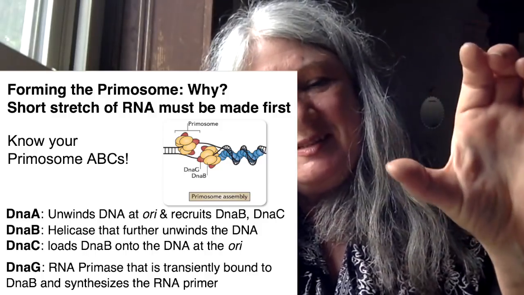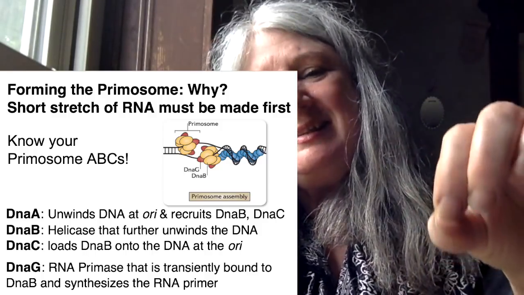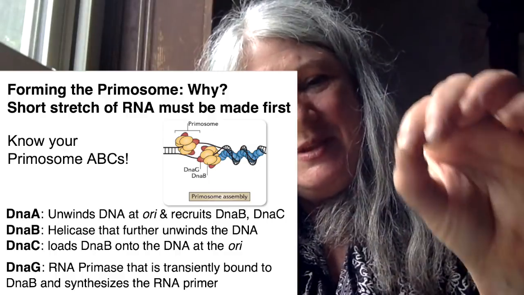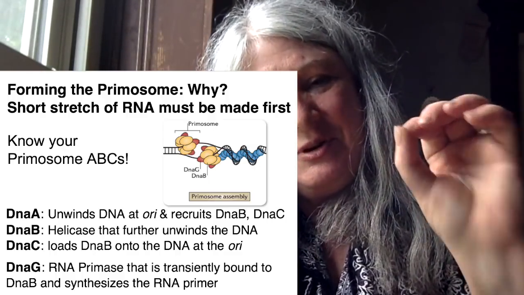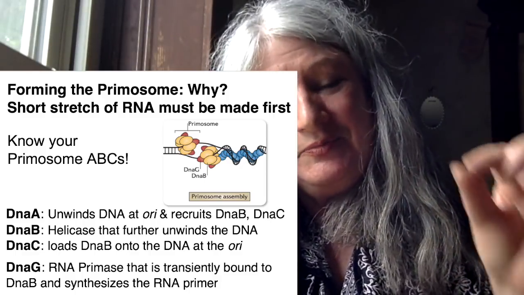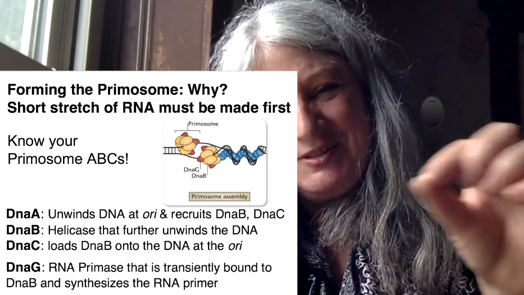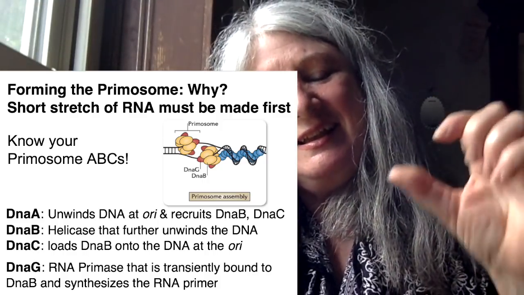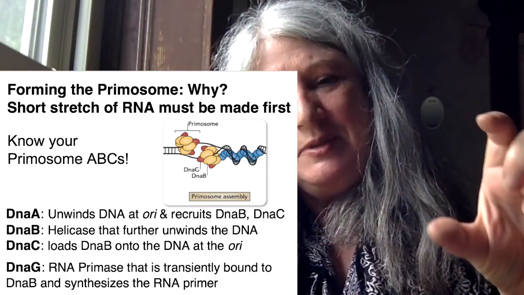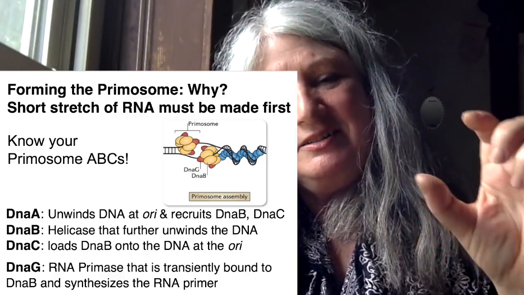DNA C opens this up and helps to place this DNA B on the chromosome at the start site of replication. So DNA A binds first, helps to separate the strands. DNA C binds and helps to load DNA B, the helicase, onto the DNA.